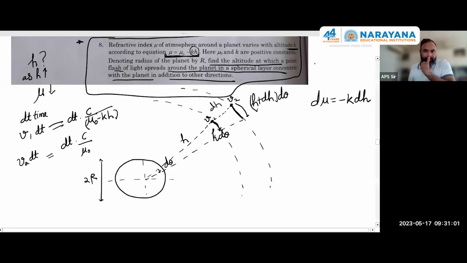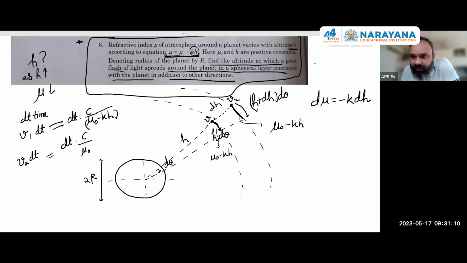So what is mu for this layer? Here it is mu naught minus kh, and here it is mu naught minus kh minus kdh. So you can just write mu naught minus k into h plus dh.